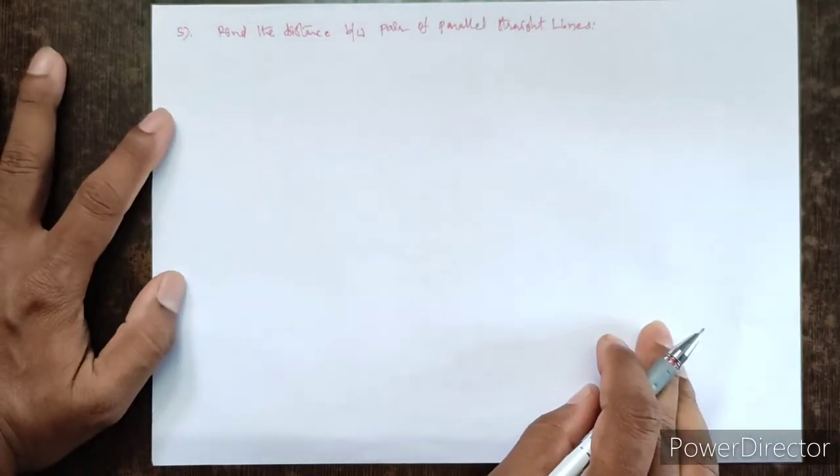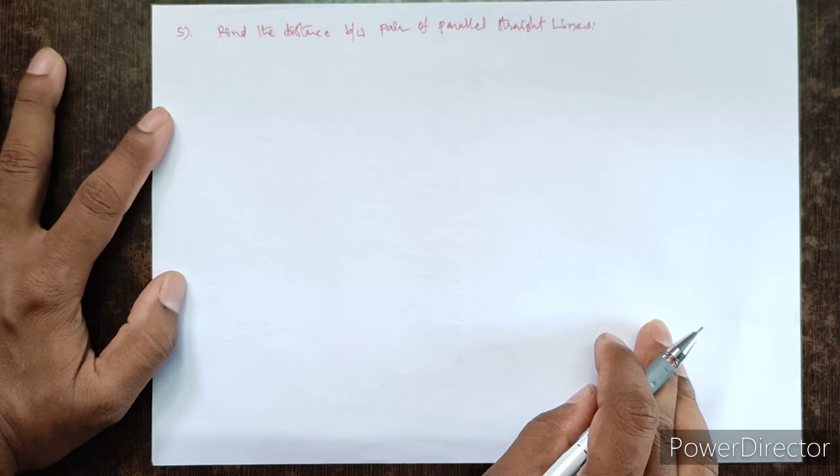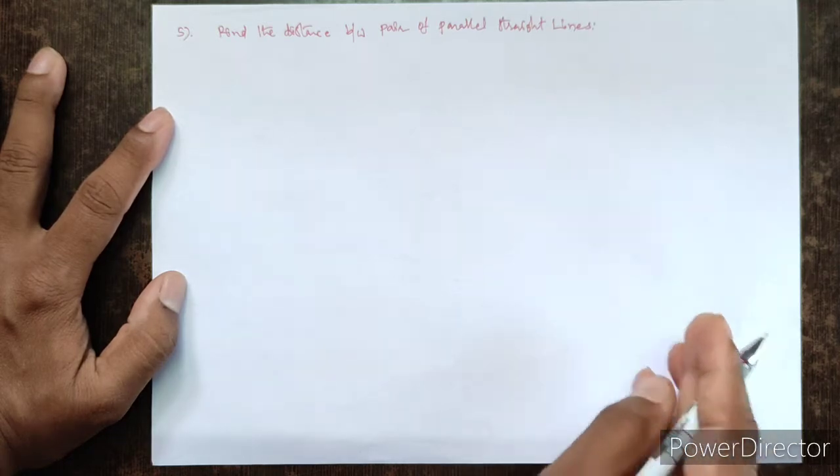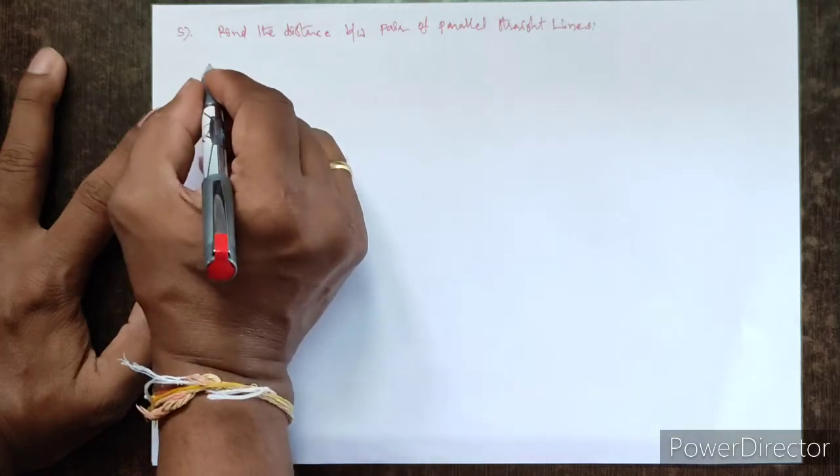So this is the name of the question for this section. Find the distance between a pair of parallel straight lines.